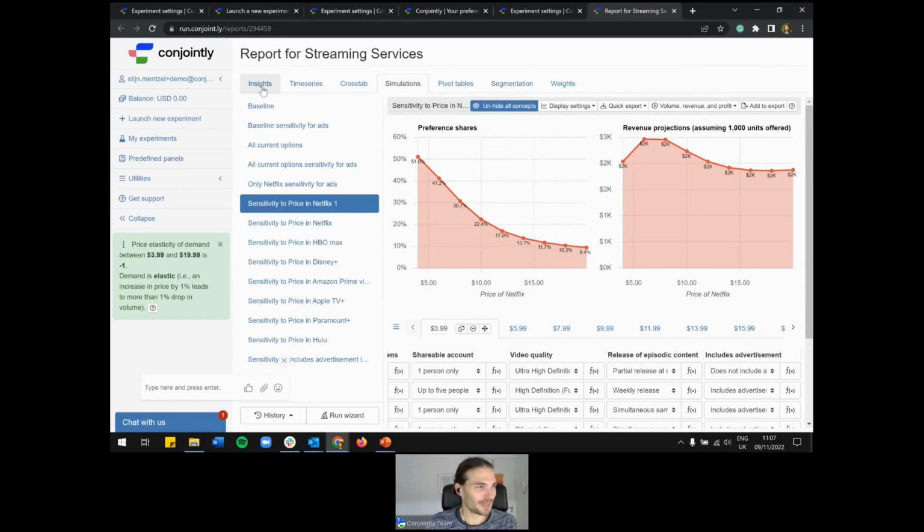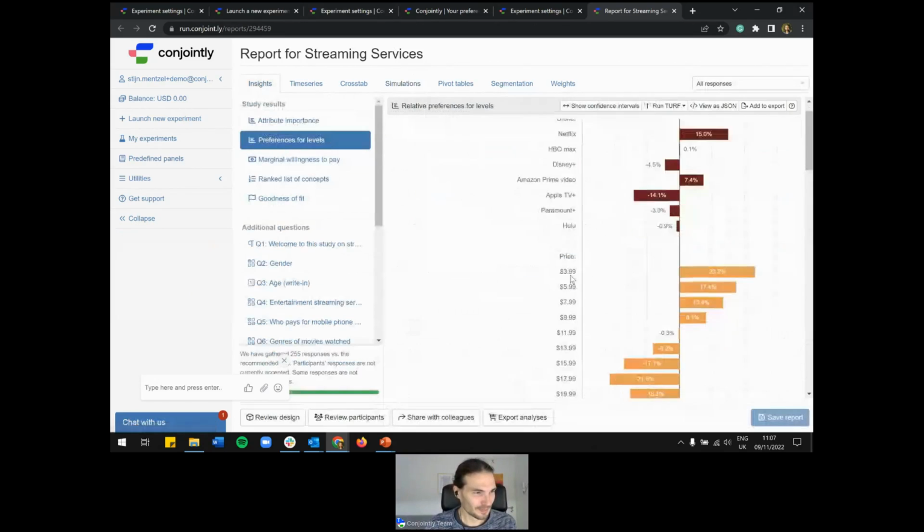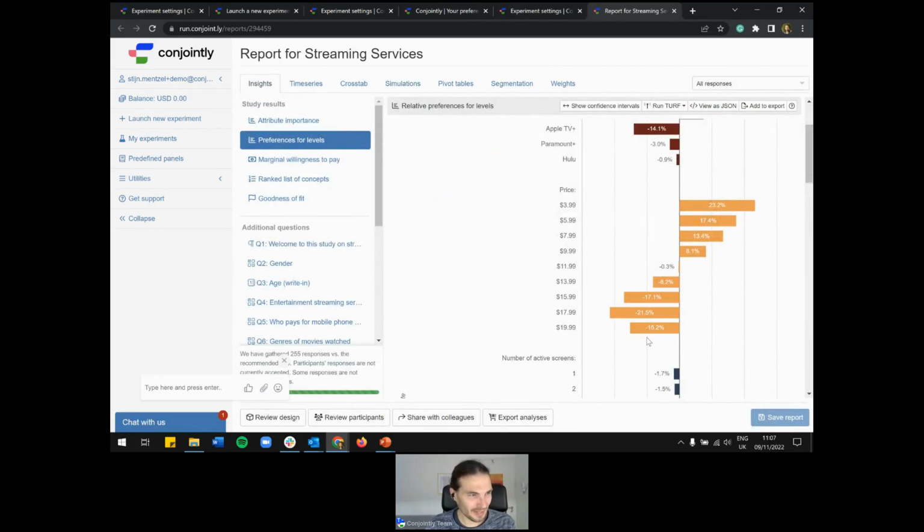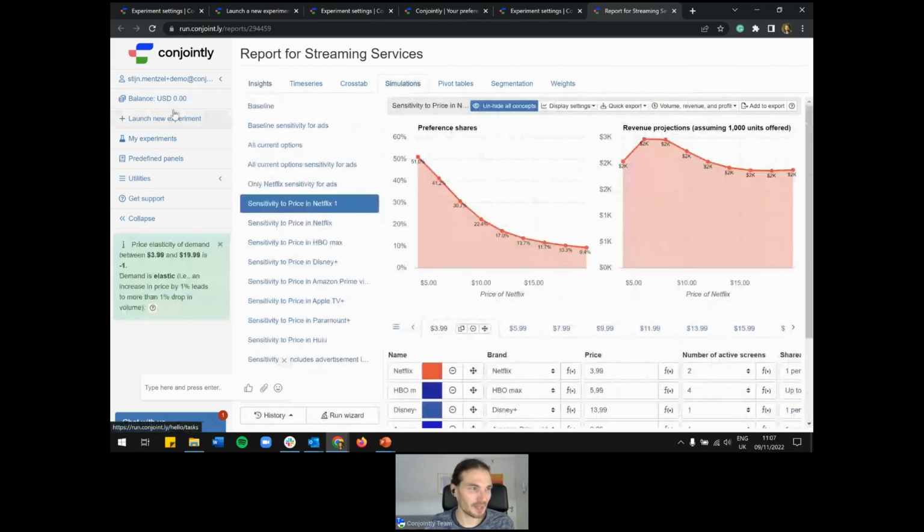If we look in the Insights tab for the levels, we might have the idea that $19.99 seems to be a better choice than $15.99 or $17.99. But in our simulations, it could be that for something like Amazon or Hulu, we don't find this trend, but for the majority, we're going to find a declining price elasticity of demand.